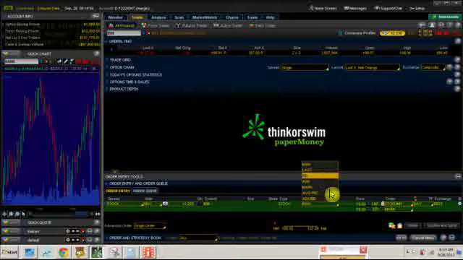Okay, so manual, and this is good, manually do it, or at the last, which is right here, the bid. So whenever the bid matches my price, they're going to use that, or if the ask matches my price, they're going to use that. So this allows you to change the order around a little bit. Mark, average price, bid, ask, whatever.